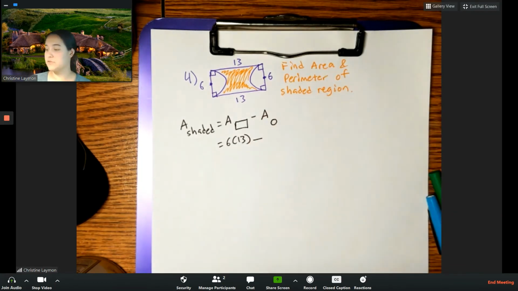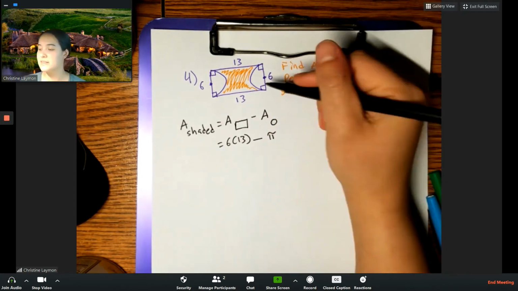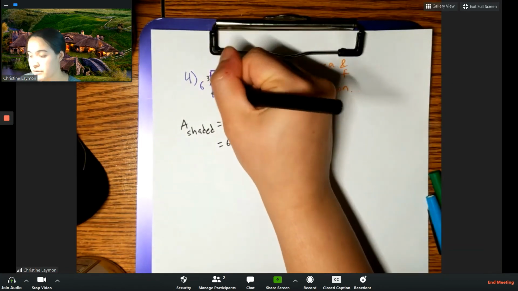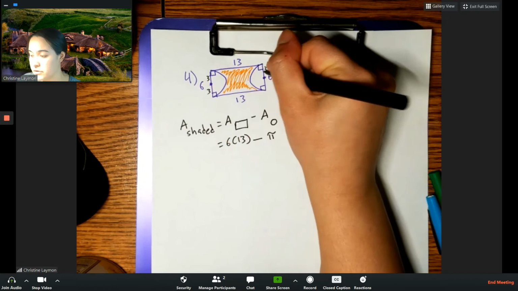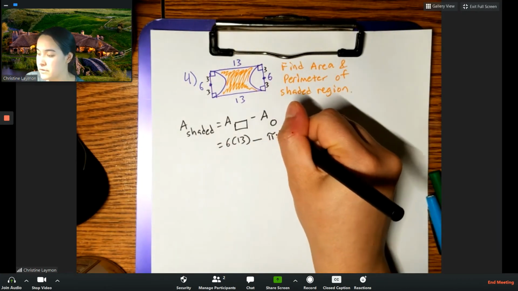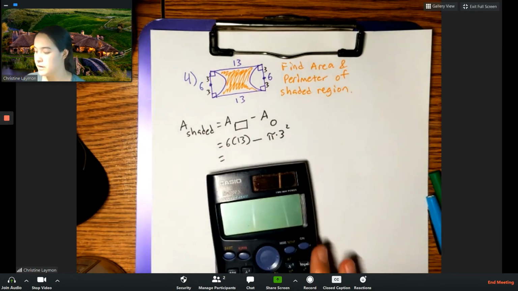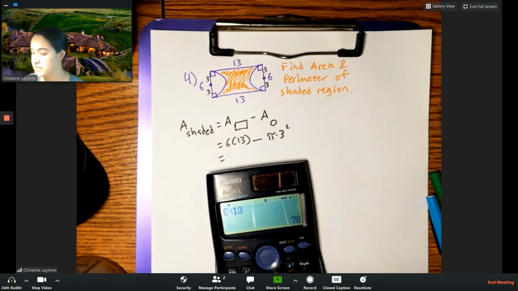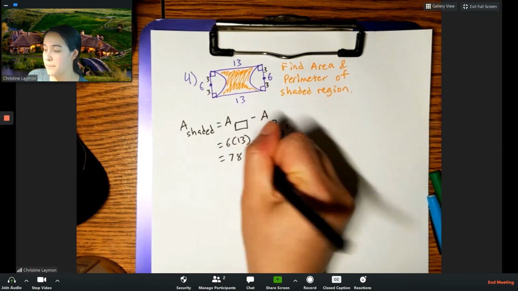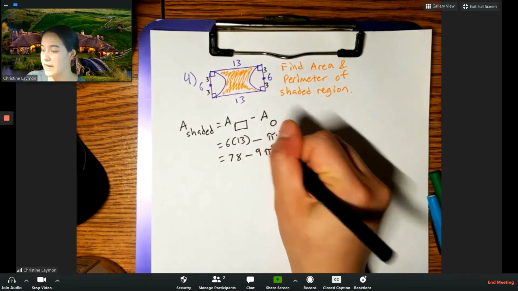Minus area of the circle. Remember, area of a circle is pi r squared. 6 is the diameter. R is 3. So again, these here are 3's for the radius. So pi times 3 squared. So coming through here, I have 6 times 13 to get 78. So I have 78 minus, well, 3 squared is 9. So I have 78 minus 9 pi.